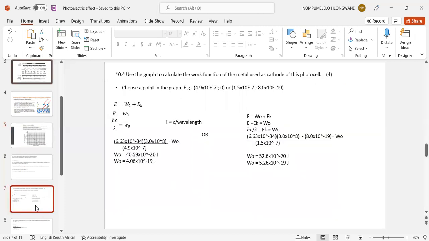So we have a formula that we use to calculate work function if we are given kinetic energy and energy of light. E, the energy of light, is equal to the work function plus the kinetic energy of the photoelectrons.